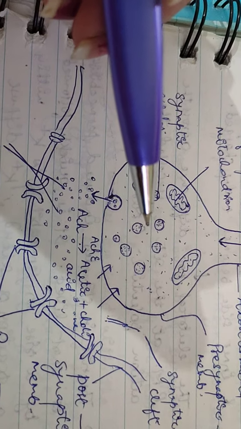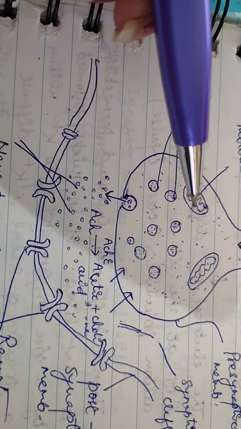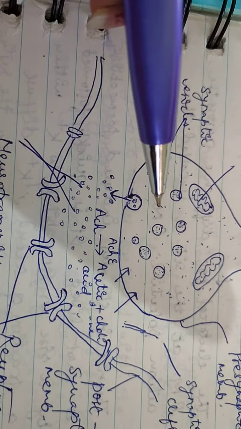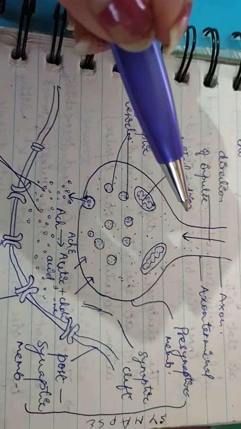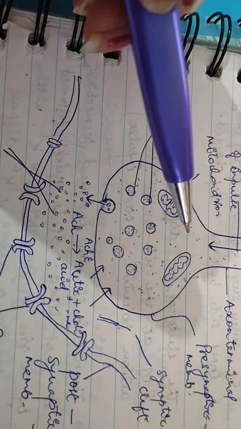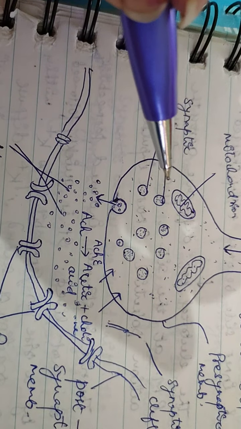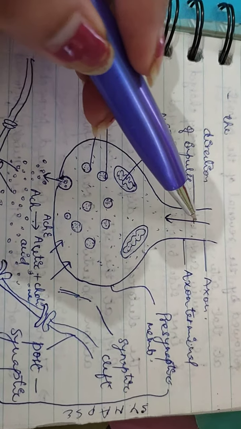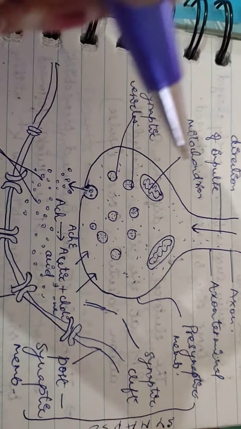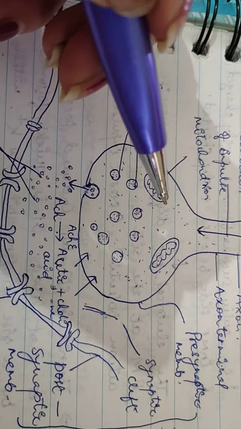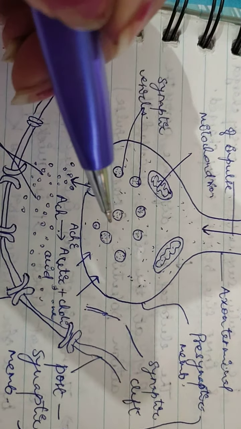During rest, the outer surface of a neuron is positively charged while the interior has negative charge. You can see here the direction of impulse, and the impulse is passed on to the next neuron, organ, muscle or gland in the form of neurotransmitter.